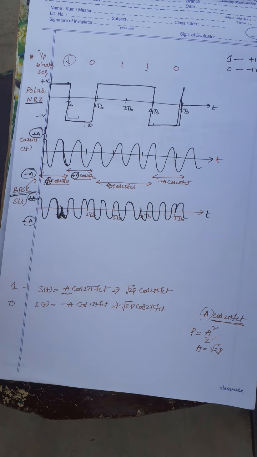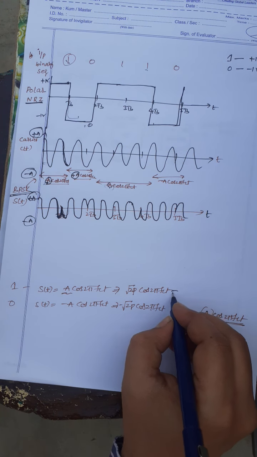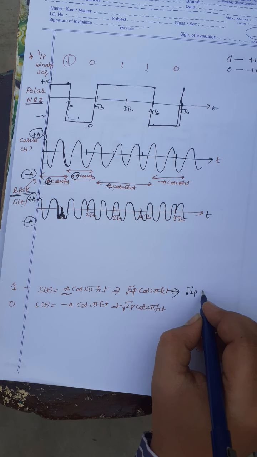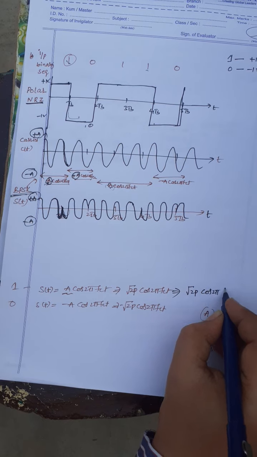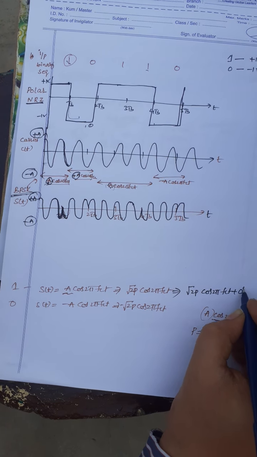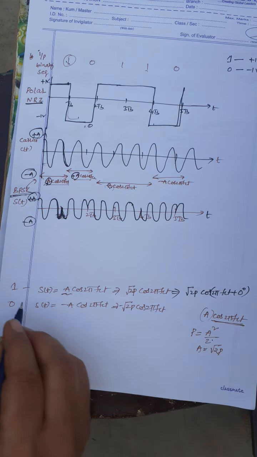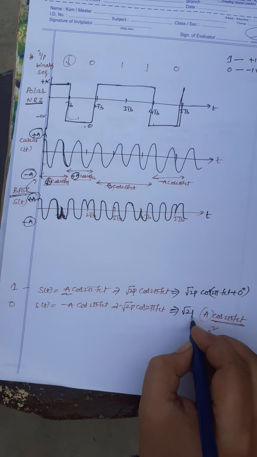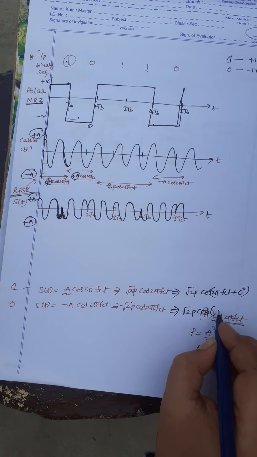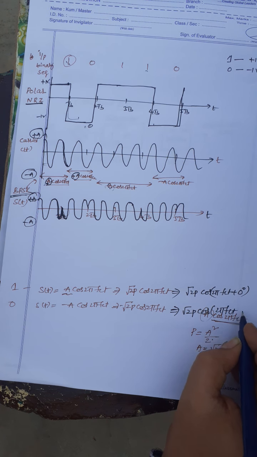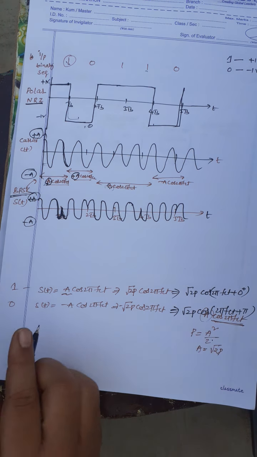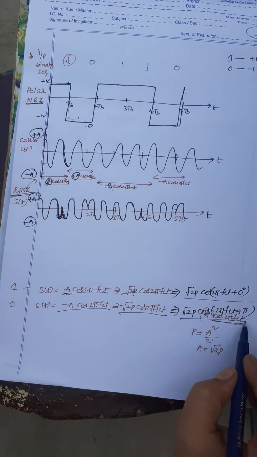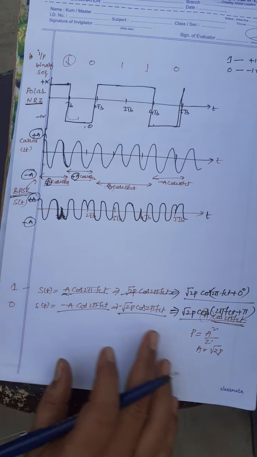Also we can write it as under root 2P cos 2 pi fct plus 0 degrees for bit 1, and under root 2P cos 2 pi fct plus pi for bit 0. So all the equations are correct. Please don't confuse.